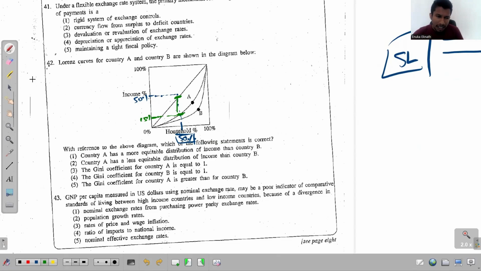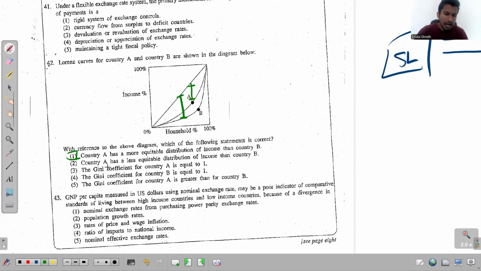We can't say that in country A we have a uniform distribution of income, but compared to country B, the disparity in country A is lower, because the gap between the equidistributed line and the Lorenz curve of country A is smaller than the gap for country B. So yes, this is true, no problem.